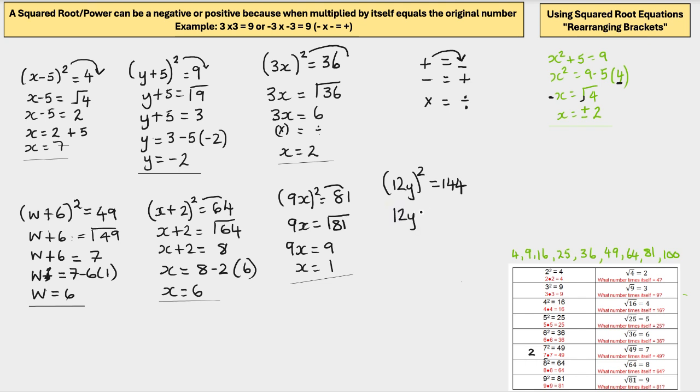We got 12y out of the brackets because we square rooted 144. Now to get to 144, it's 12 times 12. So 12y equals 12. And we divide 12 by 12, which gives us 1 again.